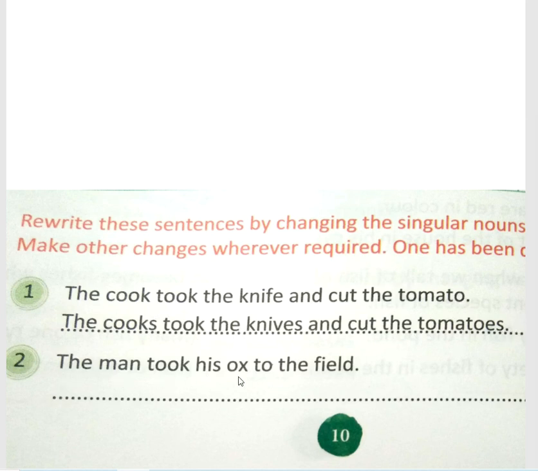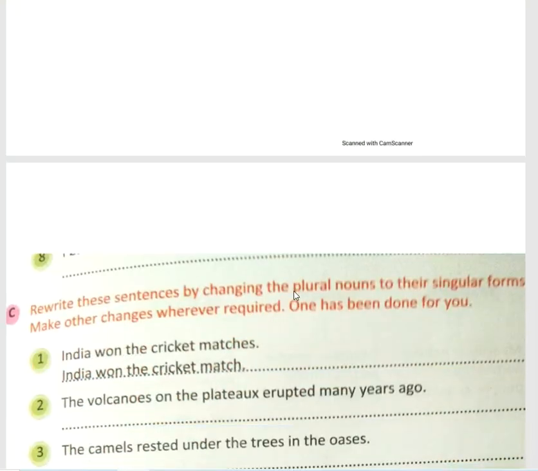The man took his ox to the field. The men took their. What is the plural of ox? It's oxen. Took their oxen to the field. Okay. So in this way you will have to complete all the sentences.